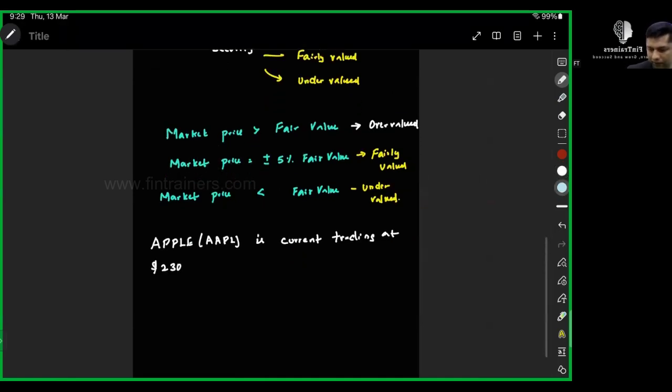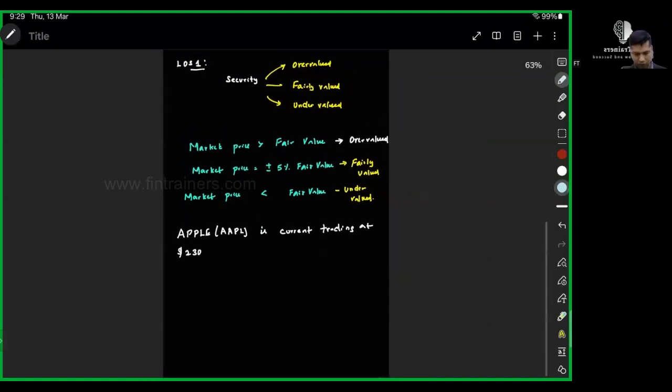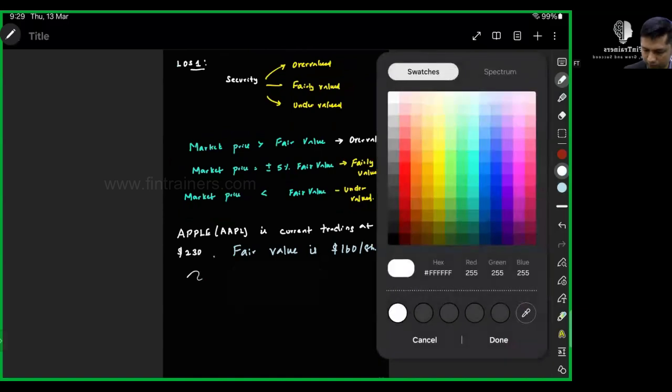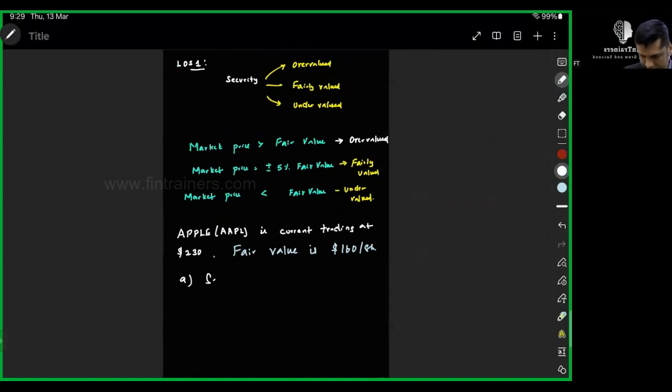Now you have come up with a valuation, and you are saying that the fair value is $160. What should you do? A, sell the shares. B, do more research. C, buy shares. Apple is currently trading at 230. Fair value is 160. Some of you are saying buy shares, I heard.